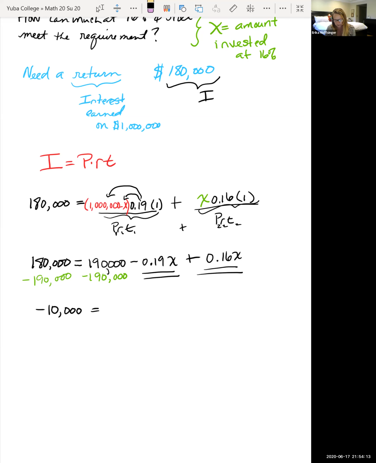Larger absolute value, subtract the other: that's 0.03, and it's negative x. So divide both sides by negative 0.03.